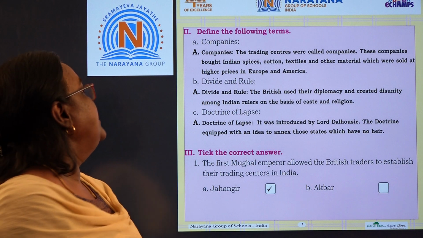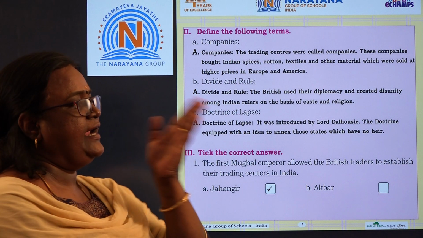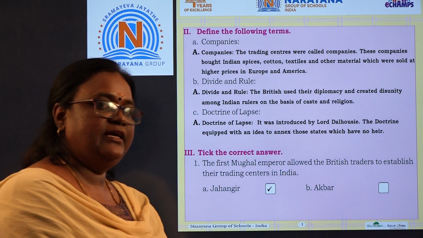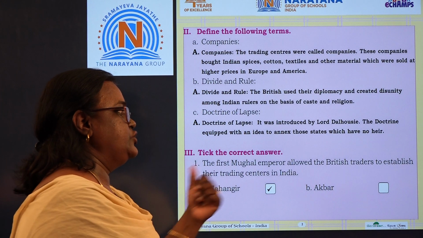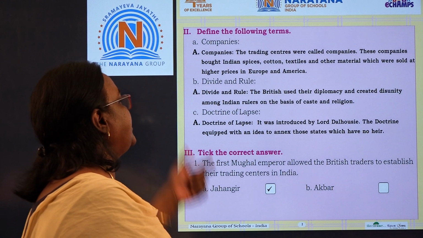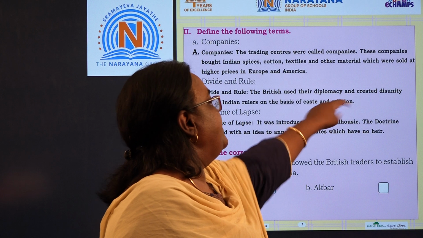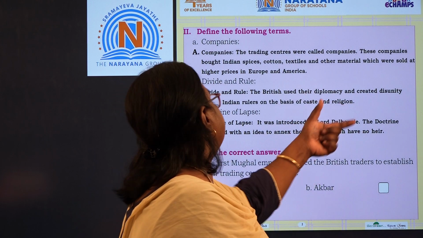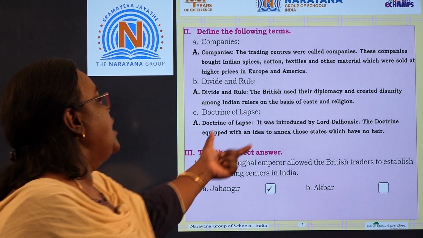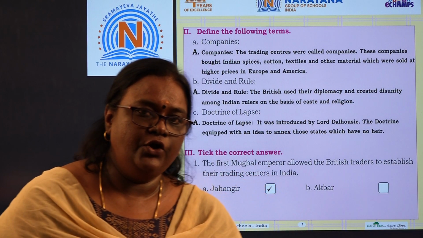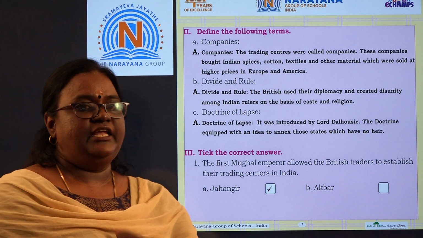So the second term is divide and rule. This was the first rule which came after the British East India Company. We saw it in the earlier slide, right? So what does divide and rule mean? The British used their diplomacy and created disunity among Indian rulers on the basis of caste and religion. So we all know India has plenty of religions and castes.